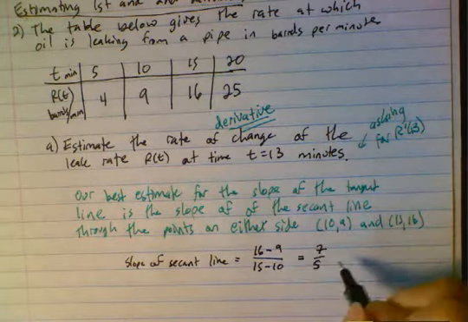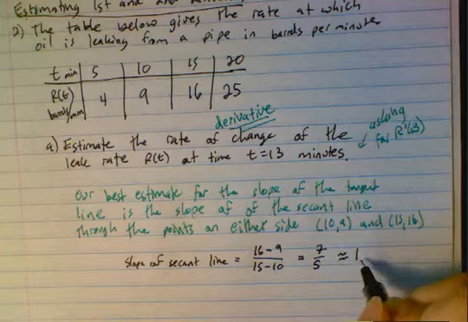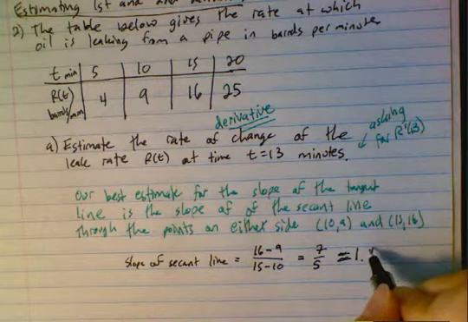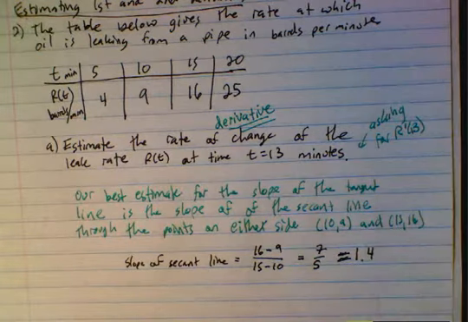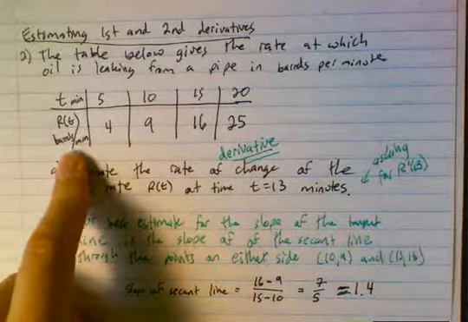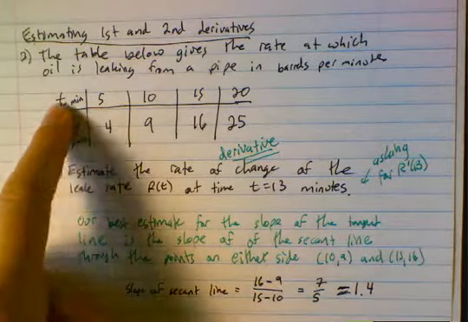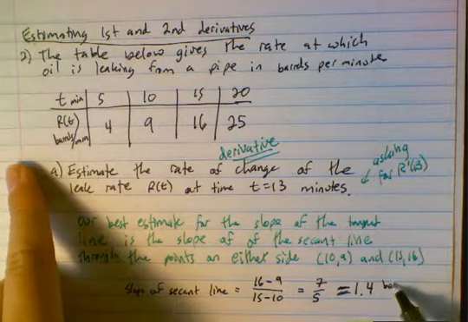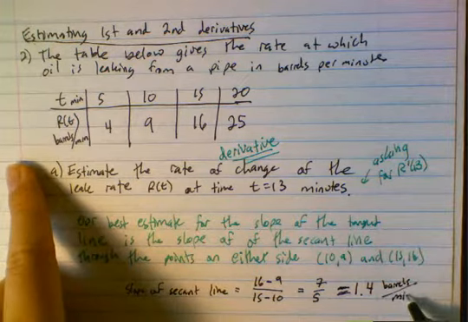That's 7/5, or 1.4. And in the units, we're doing the R of t units divided by the t units. So barrels per minute squared.